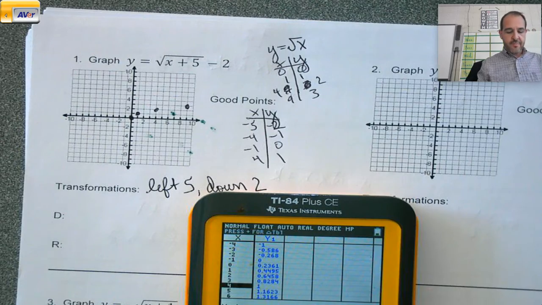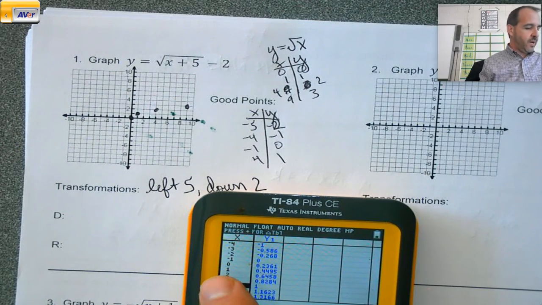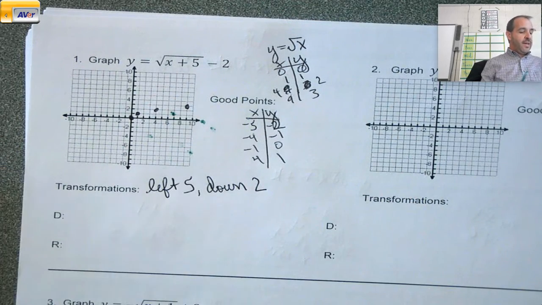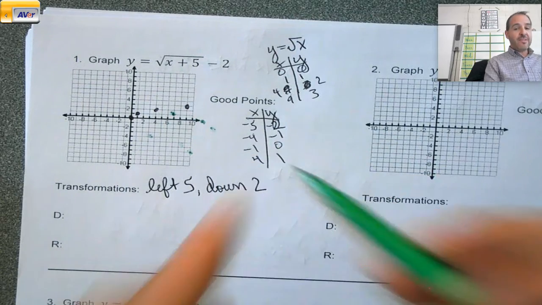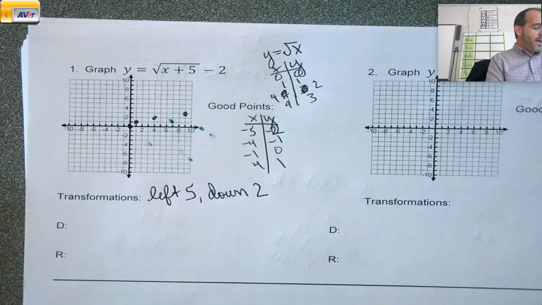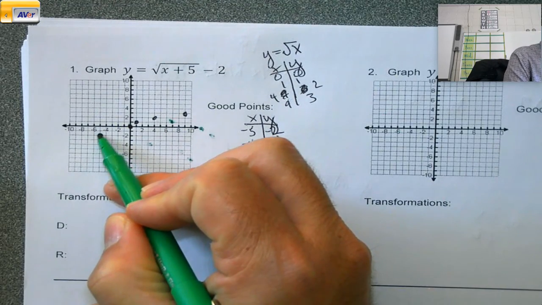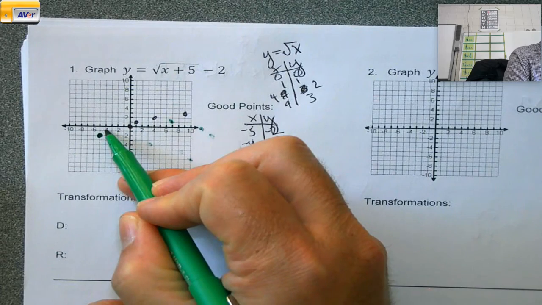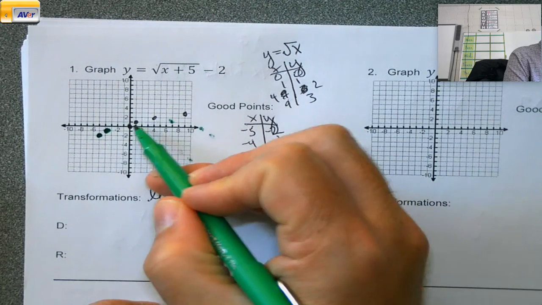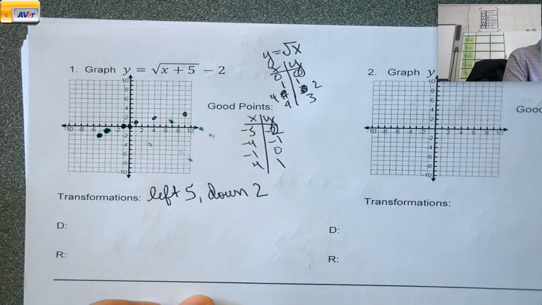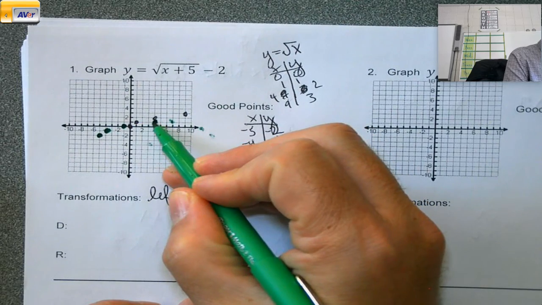You're like, okay, Hardy, what are you trying to get to here? Here's what I'm trying to get to. Let's plot these. If you have a different color, even if it's like a blue pen or red pen, that's great. Let's plot these. So -4, -1, -1, 0, 4, 1.